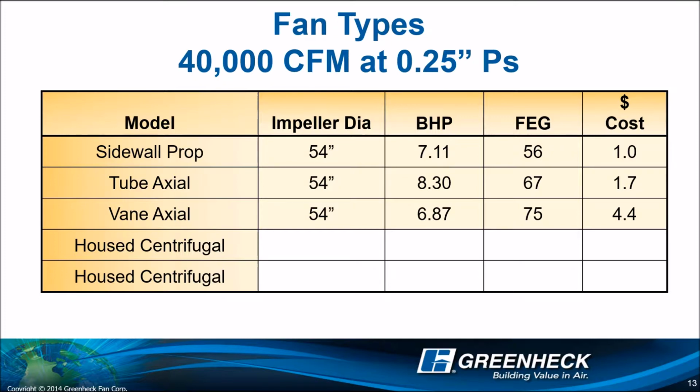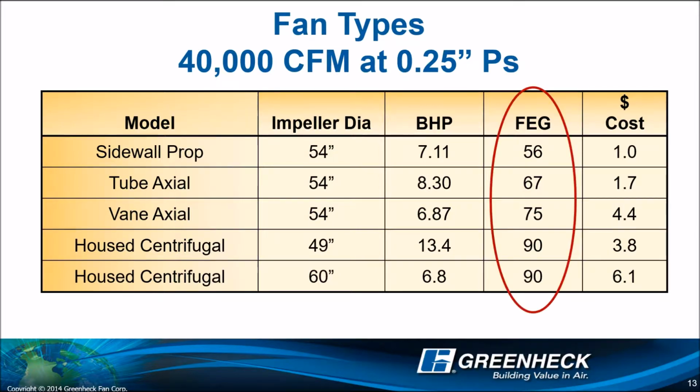I included the airfoil centrifugal fans just because their FEG value is so high. The similar sized impeller uses almost twice the power. And in order to get the power down, you'd need a much larger blower wheel. I could have selected a sidewall prop fan with a higher FEG value, but the power consumed isn't necessarily any lower.